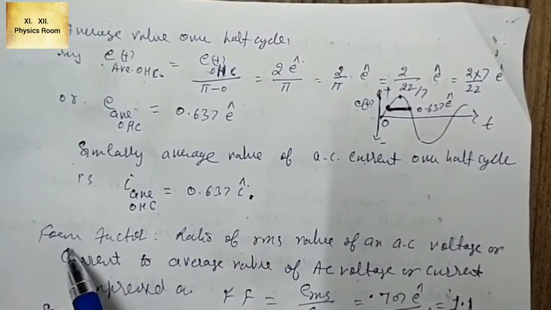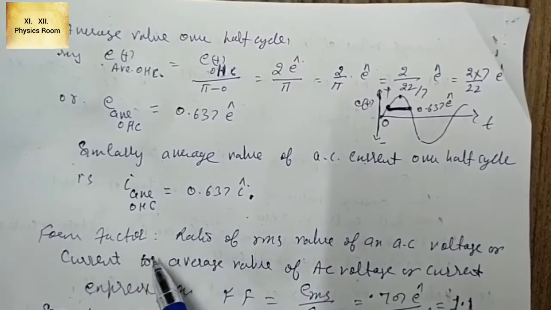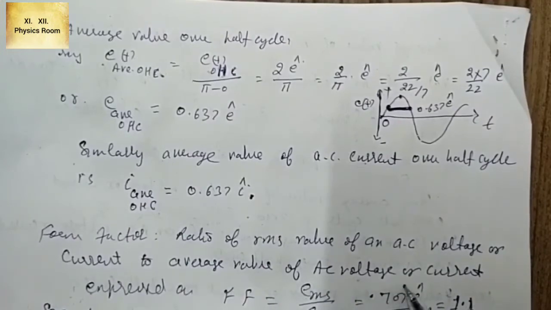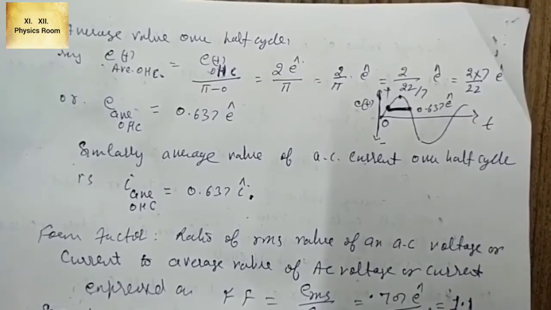Now we come to form factor. What is form factor? Let us define. It is the ratio of the RMS value of an AC voltage or current to the average value of an AC voltage or current. Mathematically, form factor FF is equal to E RMS divided by E average. It is equal to 0.707 E max divided by 0.637 times E max, which is 1.1. What is the significance of form factor?